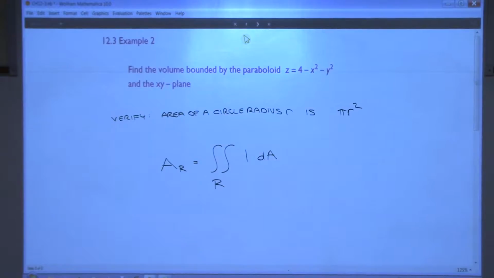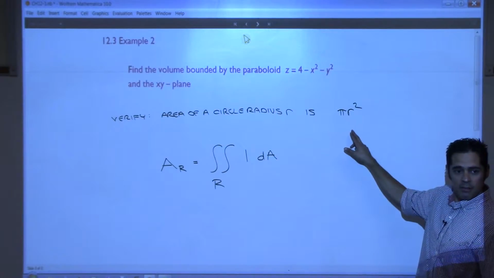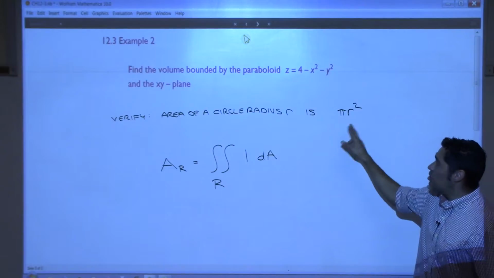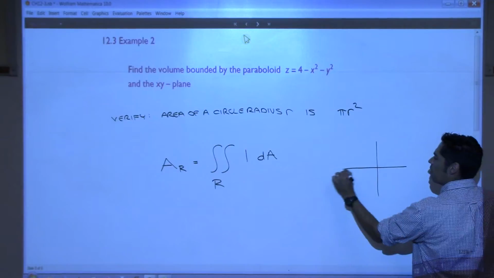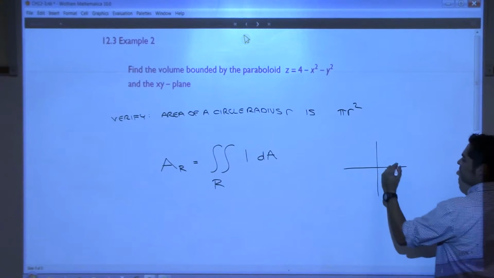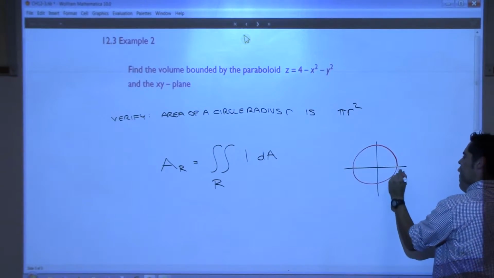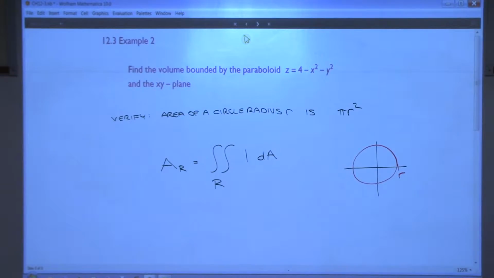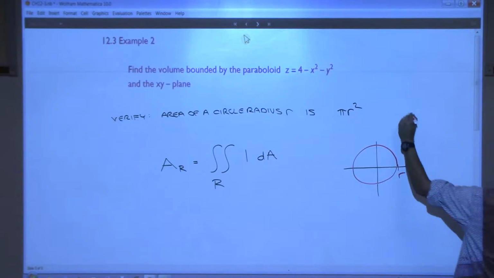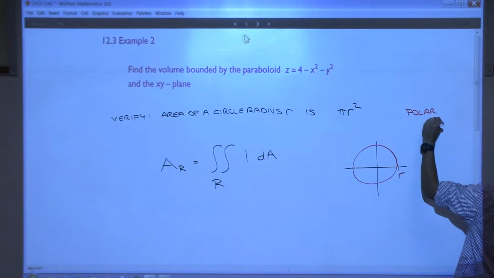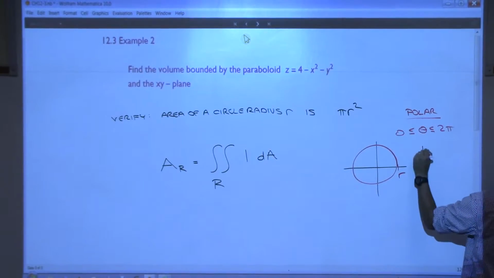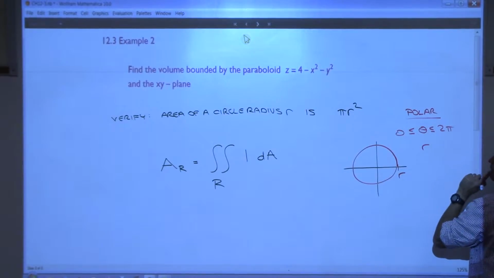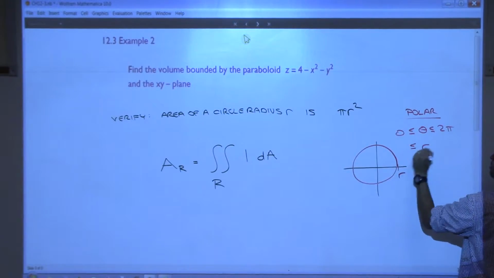Okay, what I want to do is find the area of a circle, right? So that's going to be my region. Let's draw it. An arbitrary circle, radius R. That would make a wonderful polar region, wouldn't it? In fact, in polar, my restrictions would be very nice. Theta's between 0 and 2 pi, and r's, ooh, this is R. We have trouble here.